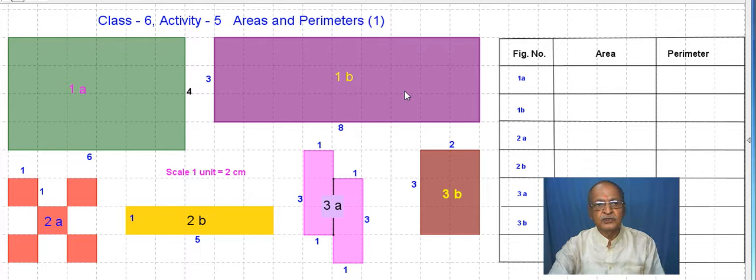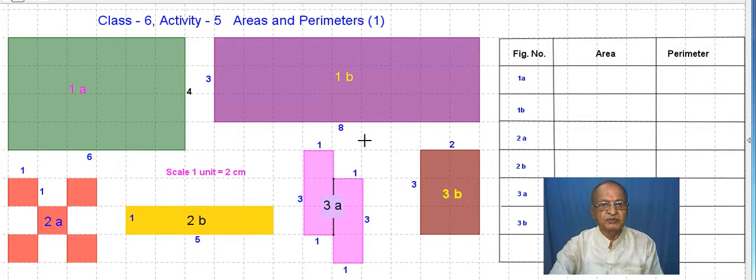Today I am going to explain to you an activity of class 5 or class 6, activity number 5 given in Joy of Learning Mathematics of class 6, areas and perimeter. This is one video.